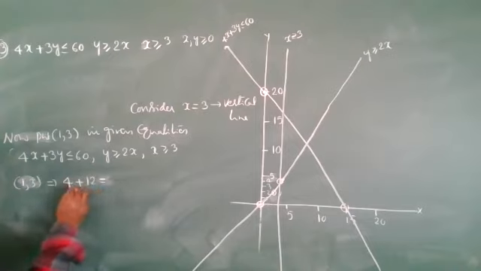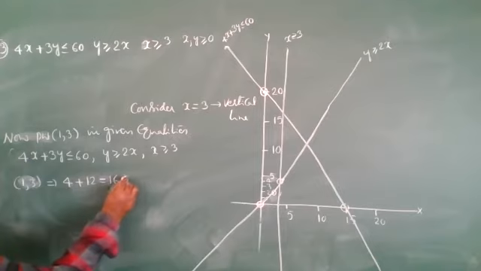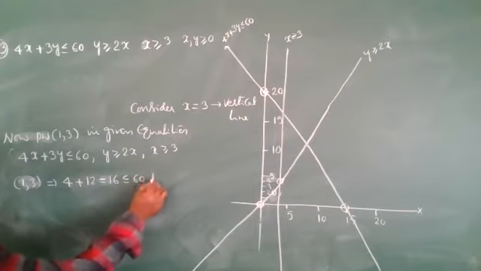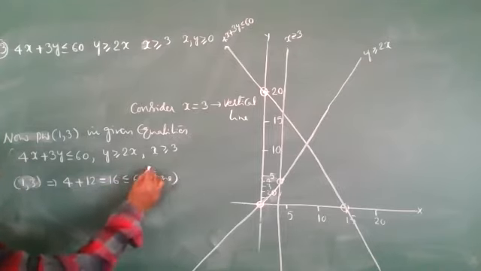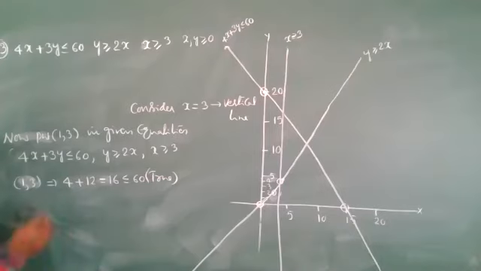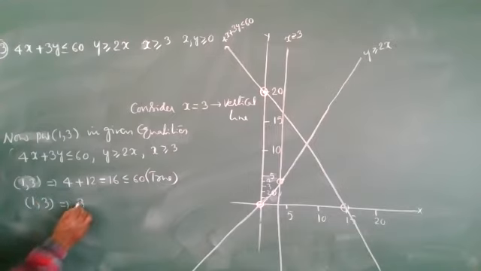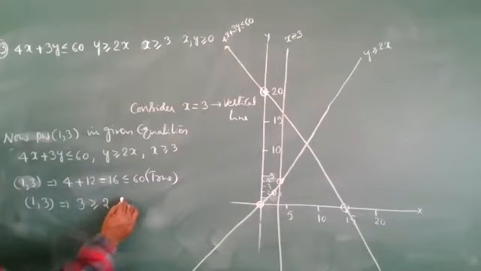Correct or wrong? Let me see. 16 is less than 60, true. First equation is true. Second equation: for 1, 3, y is 3 and x is 1, so y is greater than 2x, which is also true.